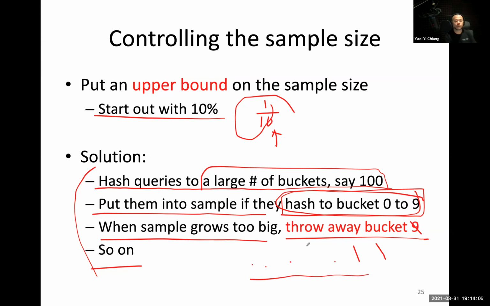So this way, your sampling rate is not 10% anymore, because you are throwing away data in your sample, but you are systematically selecting your data and putting them in the sample, okay?